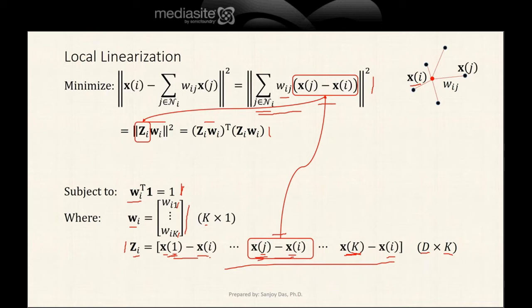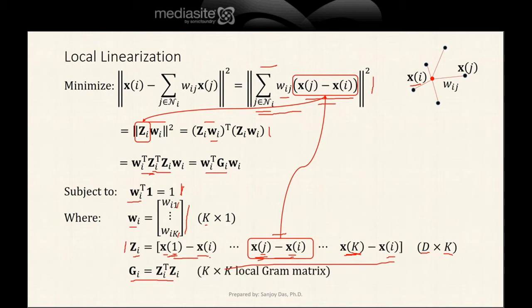And because I have xj minus xi in this summation here, if I open this transposition, I get Wi transpose Zi transpose Zi, and I define Gi to be Zi transpose Zi, whence this expression gives me Wi transpose times Gi times Wi.